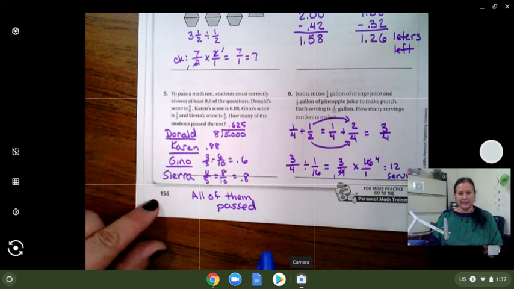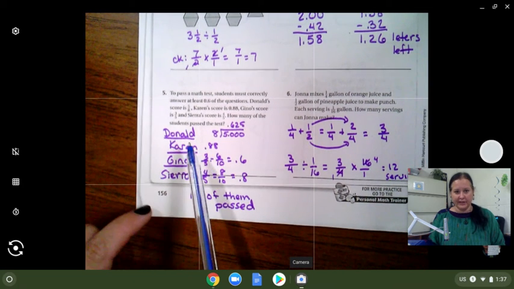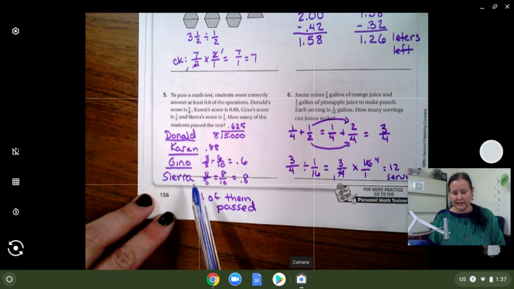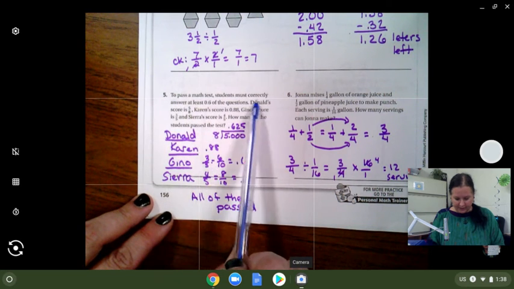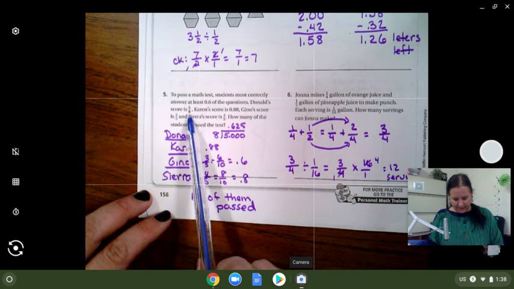All right, then we have to compare, and we have to see how many of these kids passed the test. So we're changing all of their fractions into a decimal so we can compare which students passed the test. It says, to pass the test, students must correctly answer at least 6/10 of the questions. Donald's score was 5/8.